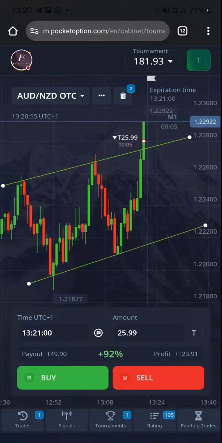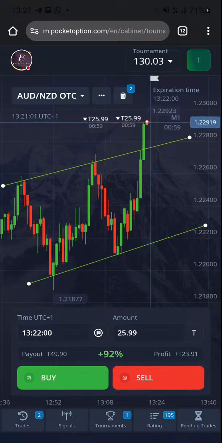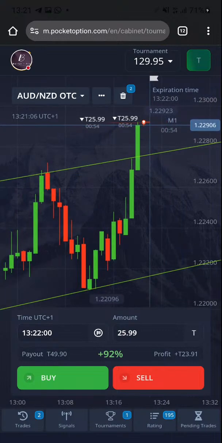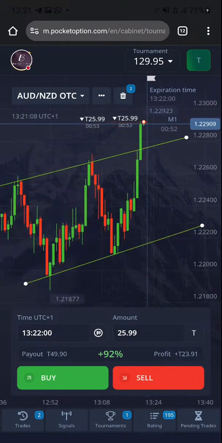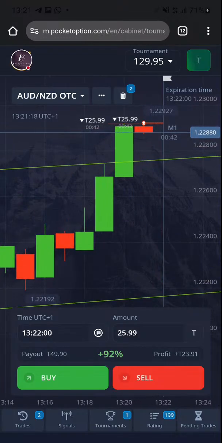Let me see if we have a Marubozu candle. I'll go with the sellers. Let's see. It's not a Marubozu candle though. It's an exhaustion candle. We should have a pullback from the sellers. Let's see how that happens.